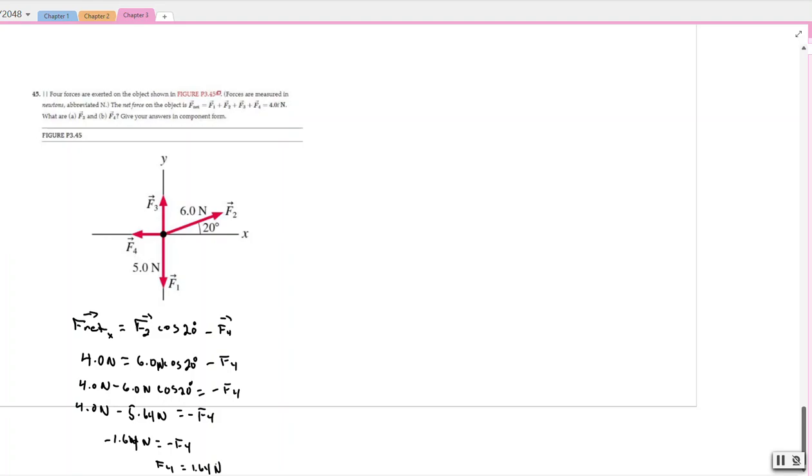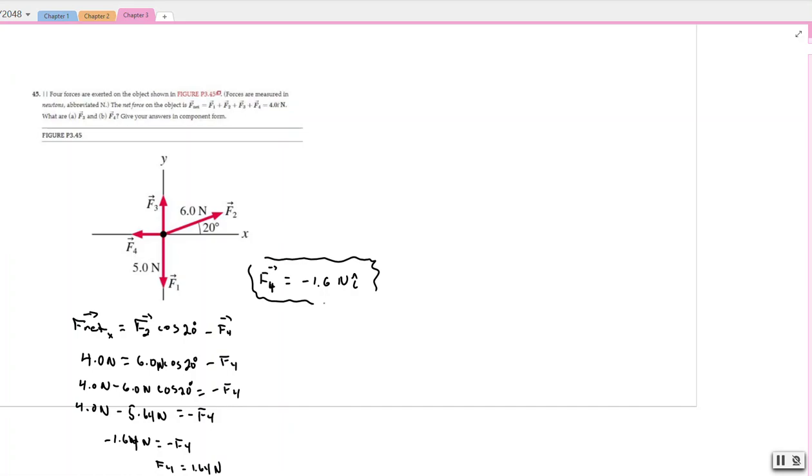1.64 newtons. If I now express F4 as a vector, I can say that F4 is equal to negative 1.64 newtons i, right? This is F4.